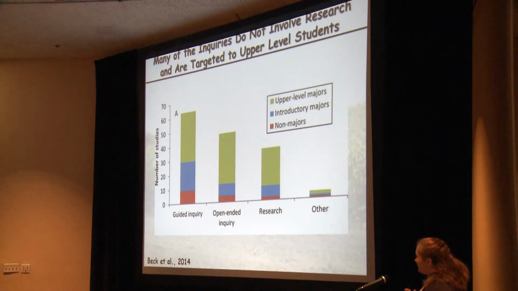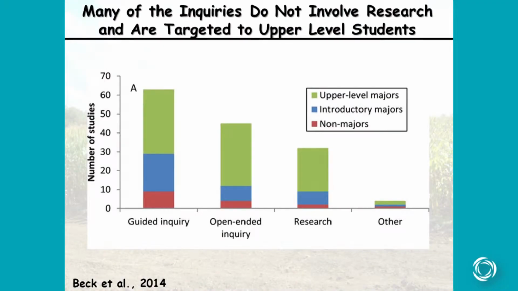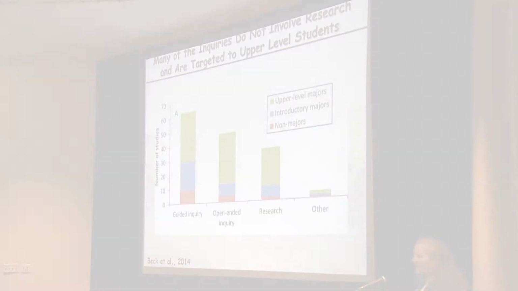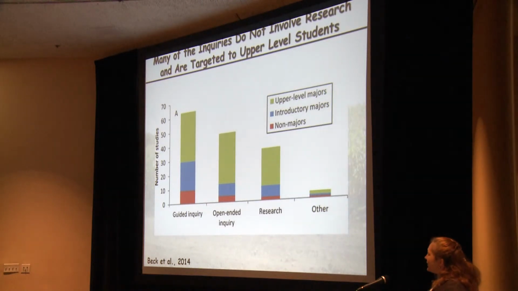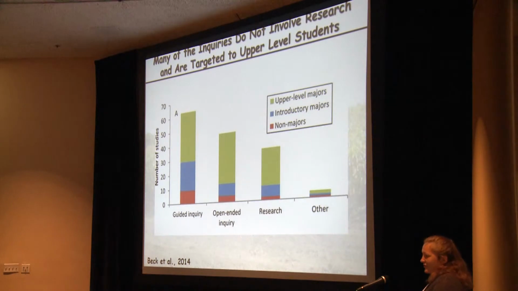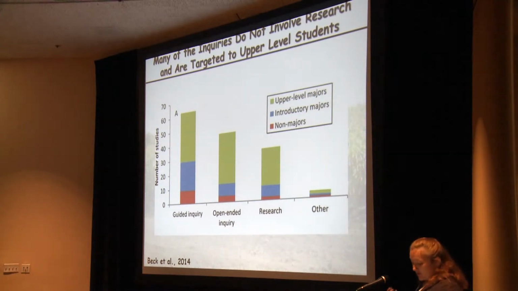But it's really important for introductory major students, but also for non-major students, to have similar types of experiences, so that they know what to expect, so that they know they could get really interested in your field and get into your biology upper level classes. So I'm trying to use these types of real research experiences in my introductory courses to bring students into my lab to do research with me and into my upper level courses.